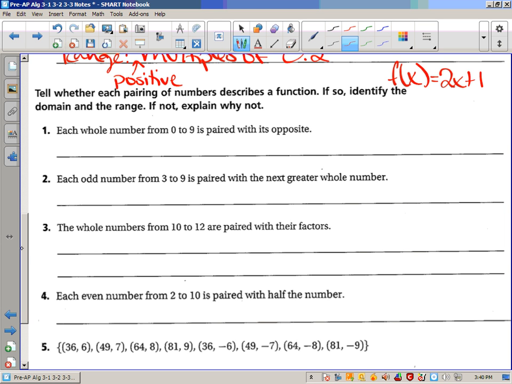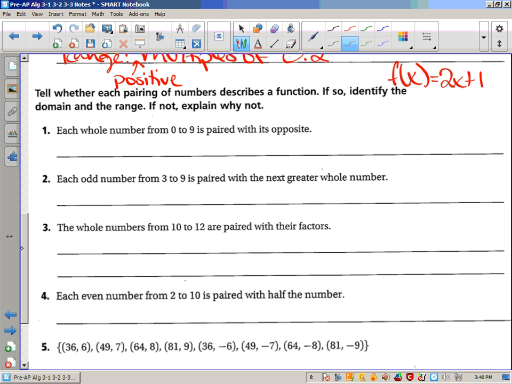Here we are determining whether each pairing of numbers describes a function. If so, identify the domain and range. If not, explain why not. It says for number 1, each whole number from 0 to 9 is paired with its opposite. Opposite just means if it's positive, then negative. If all these numbers are positive, each number has its own opposite.